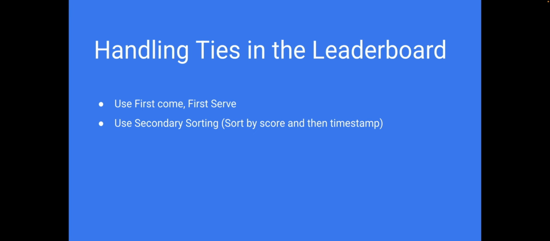That timestamp tells us who was the first person that got the highest score, because whenever the score updates, we send the most recent time alongside it. So once you sort for the score, we are also going to sort for the timestamp as well.